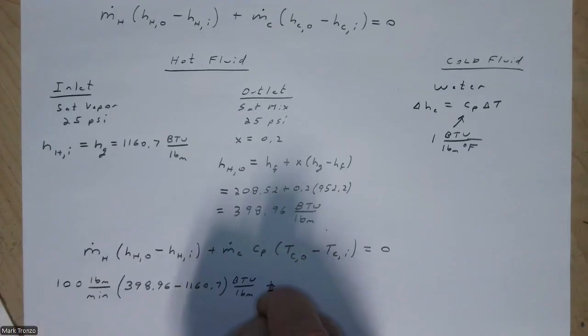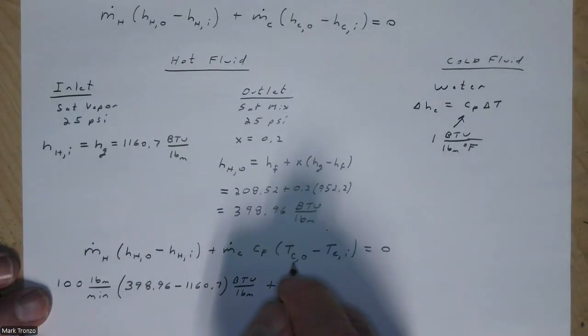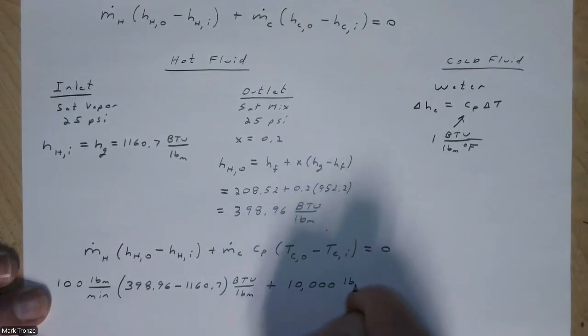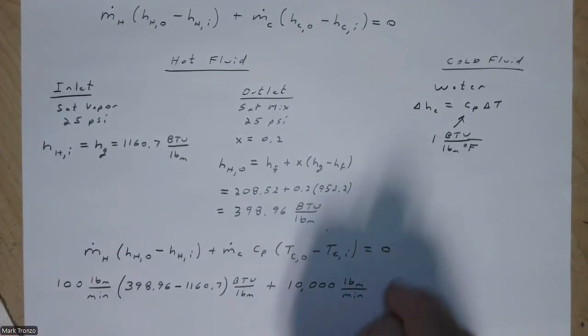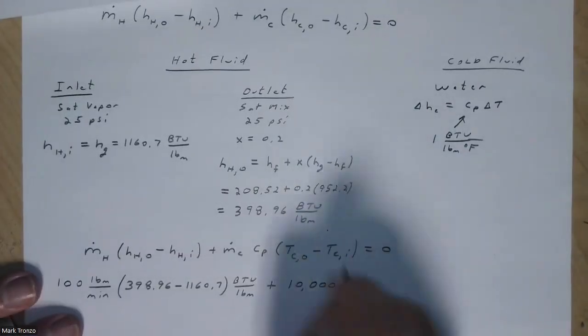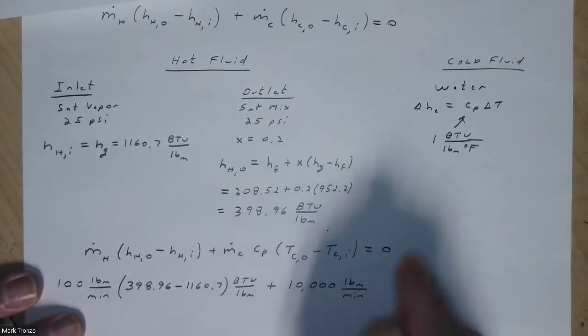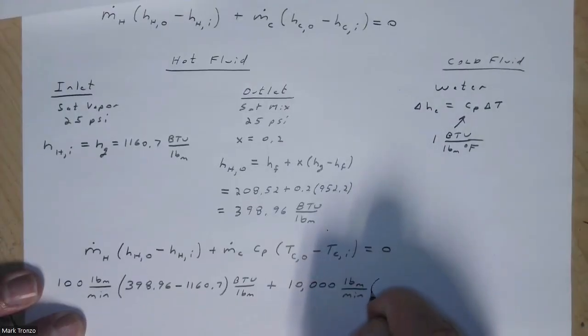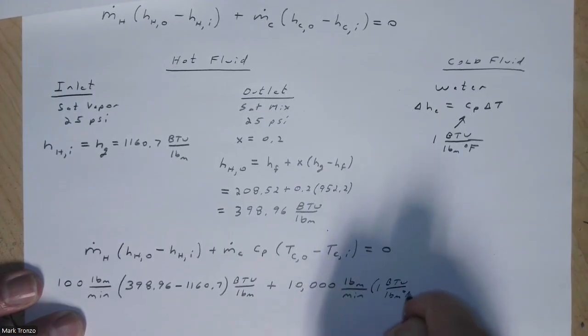And then the flow rate for the water was 10,000 pounds per minute. And then our T cold out is what we don't know. Well, actually, first of all, I better put the CP in. So it's 1 BTU per pound mass degree F.